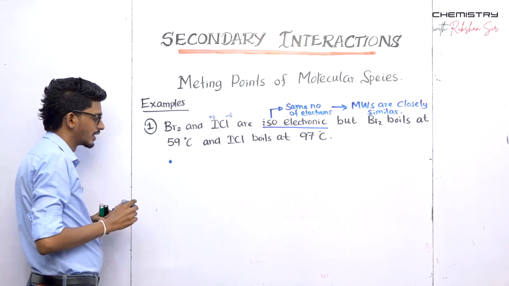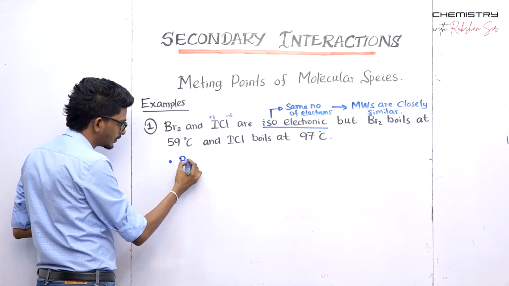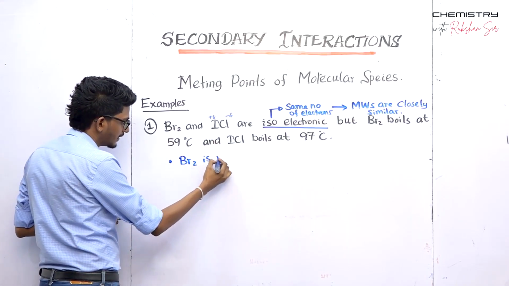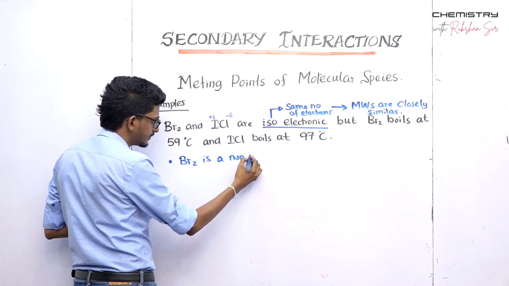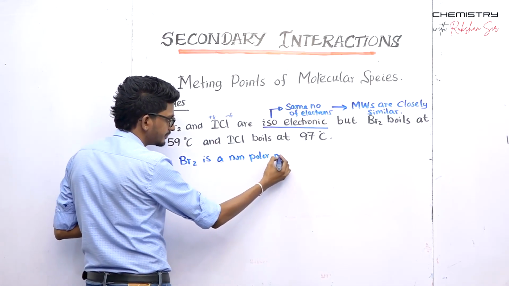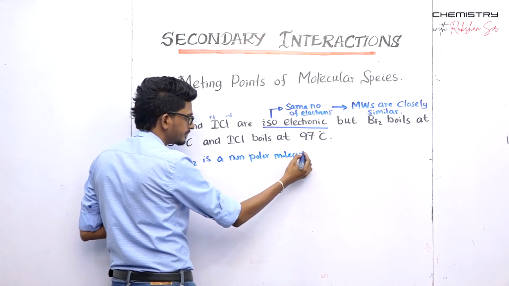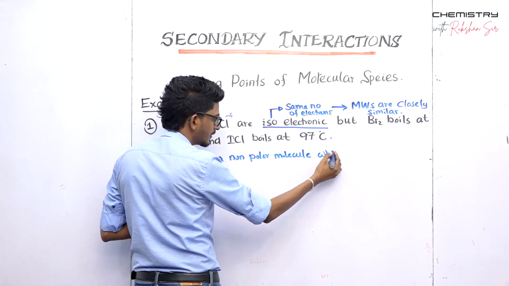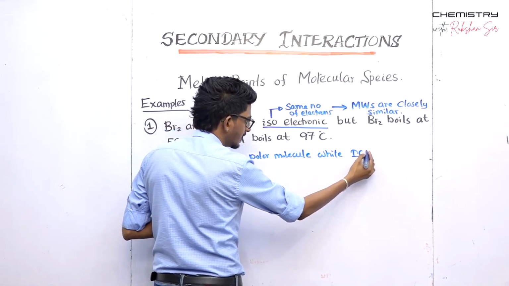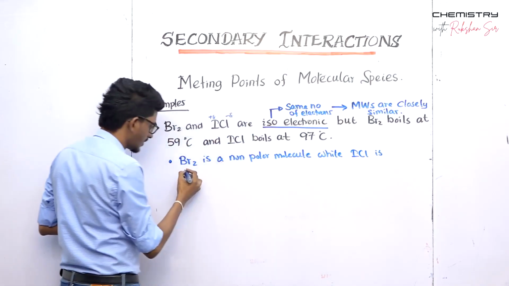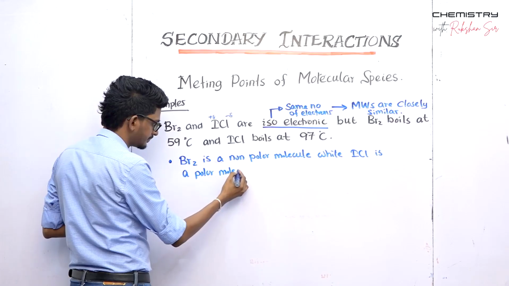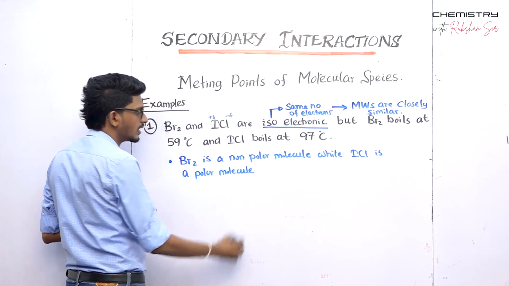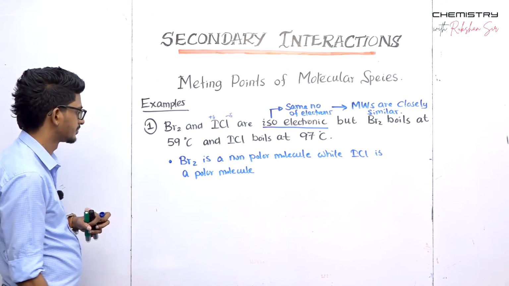So the first point you have to write is, Br2 is a non-polar molecule, while ICl is a polar molecule.